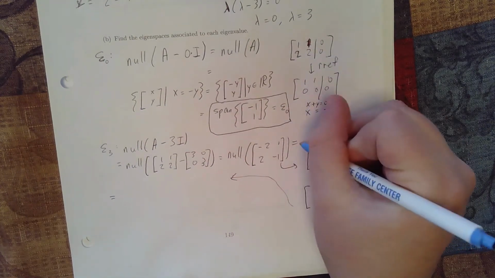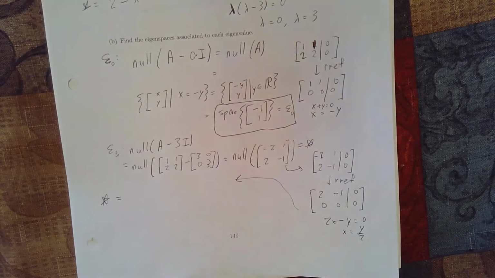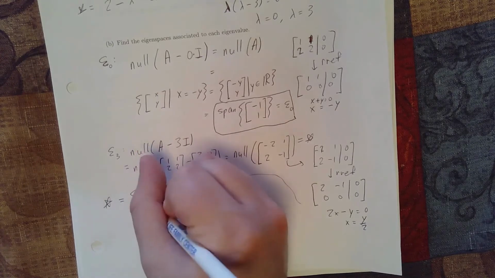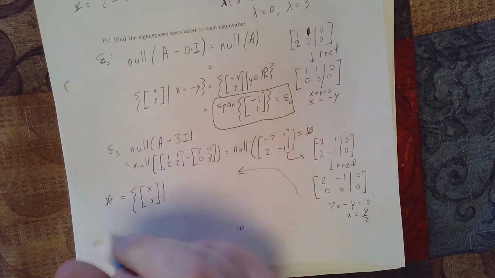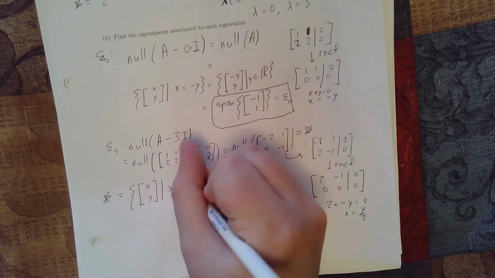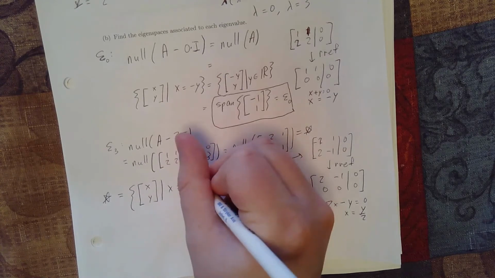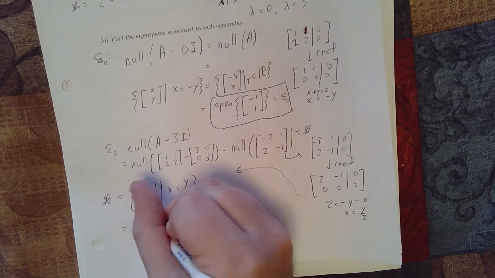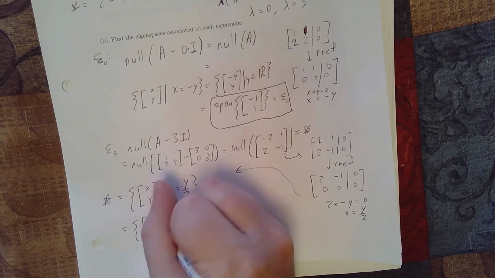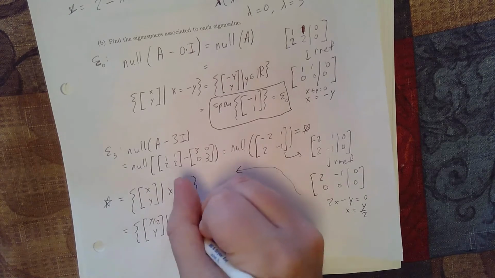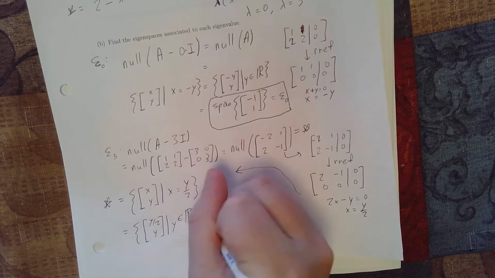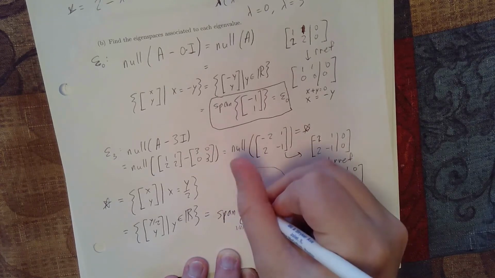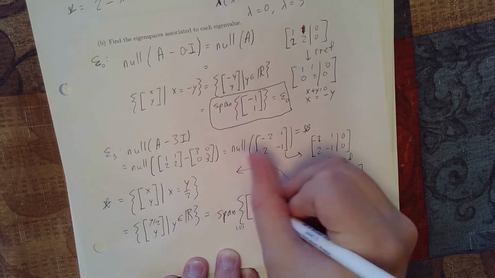So then that tells us that our null space is equal to the set of all x, y such that x equals y over 2, which will just be the set of all y over 2, y such that y is an element of the real numbers, which is just the span of 1/2, 1.